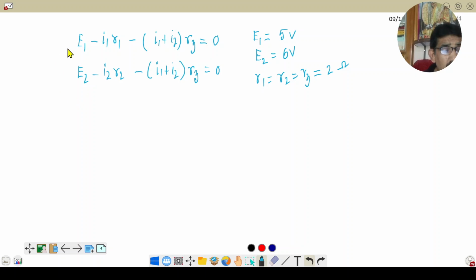So from equation number 1, E1 means 5, so 5 minus I1 into R1. We do not know the value of I1. We have to determine the value of I1.